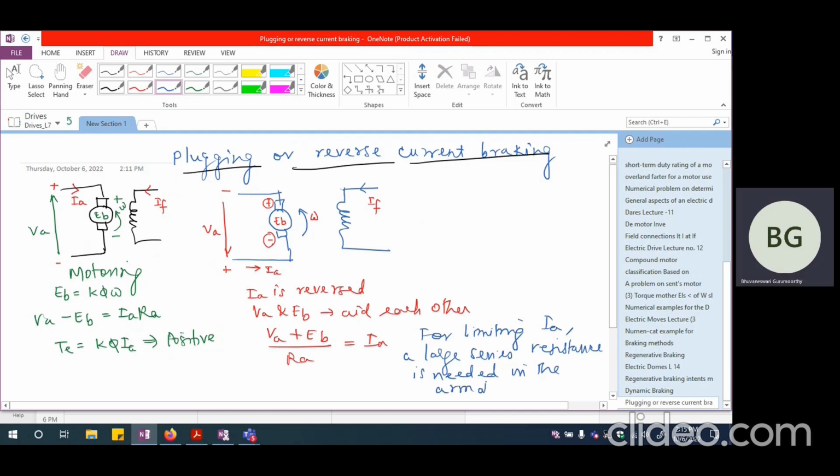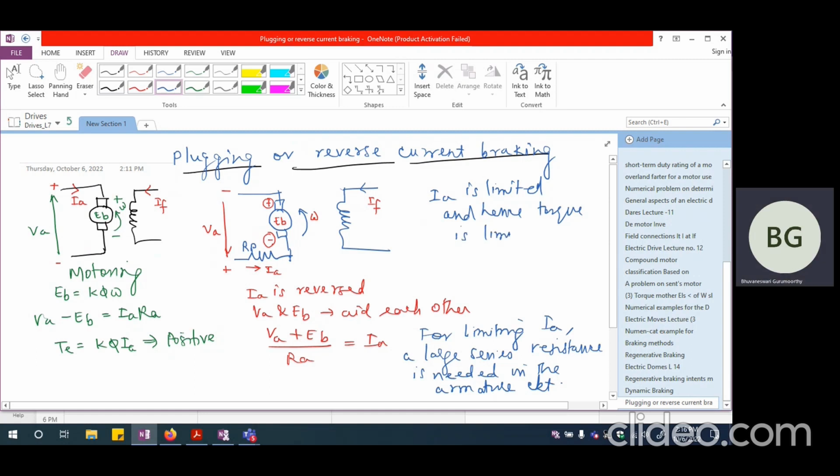So we need to connect a large series resistance in the armature circuit. So what we are going to do is to connect a large series resistance like this. So this is going to be RP, plug-in resistance. So a large series resistance will be connected such that IA is limited and hence torque is also limited.